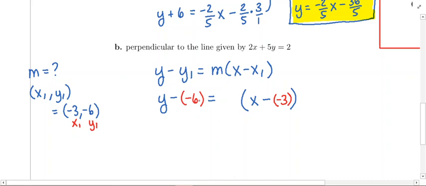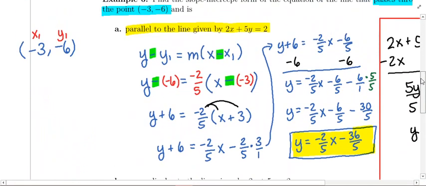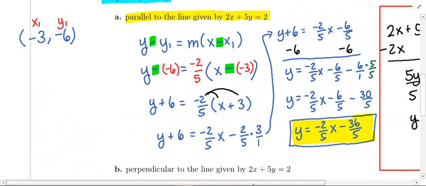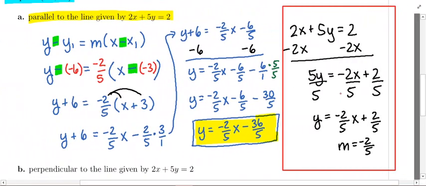What is going to be different is the slope of this line we're looking for. The good news is we've done most of the work. In part A, we took that line, we went out to the side, see what I have in the red box? We took the line 2x plus 5y equals 2, and we put it in y equals mx plus b form, and we got y is equal to -2/5 x plus 2/5.